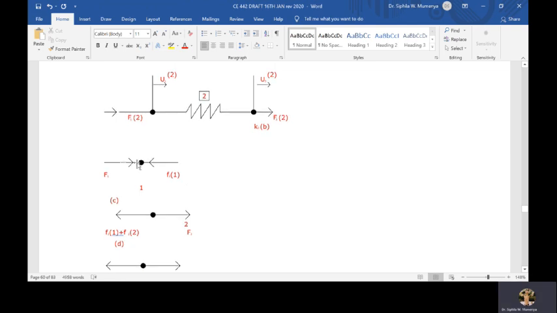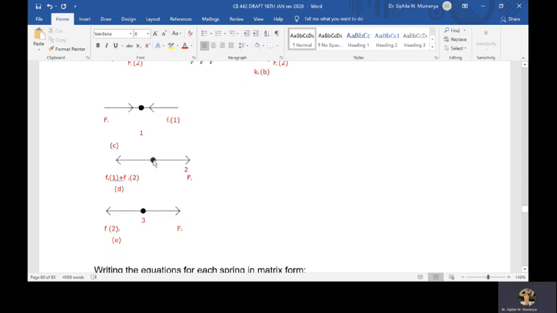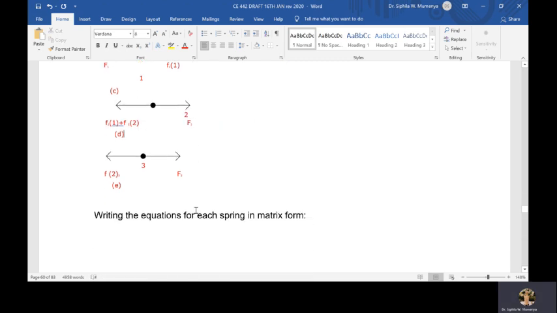So if we look at each of these nodes, for example, node 1 will be associated with an external force F1 and an internal force, small f1. And similarly for node 2, there will be an external force F2, but associated with it you have the effects of small f1 and f2. So you have an additional force acting on that node 2.